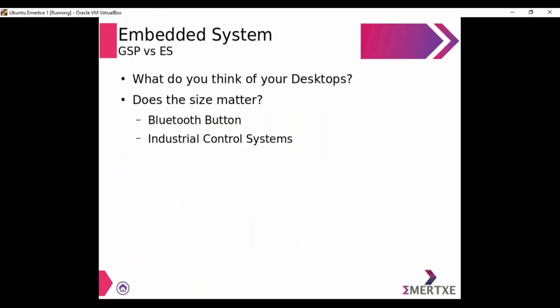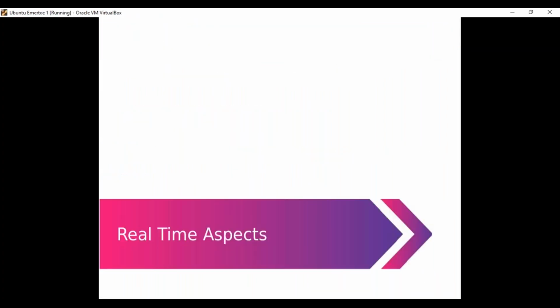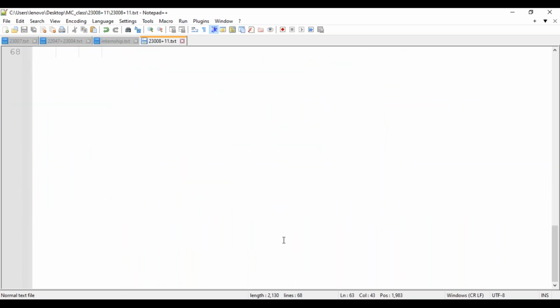The next we have got to discuss is the real-time aspects of embedded system. Even though we are not going to design a real-time embedded system, you should have a fair idea of the categories of real-time embedded systems.